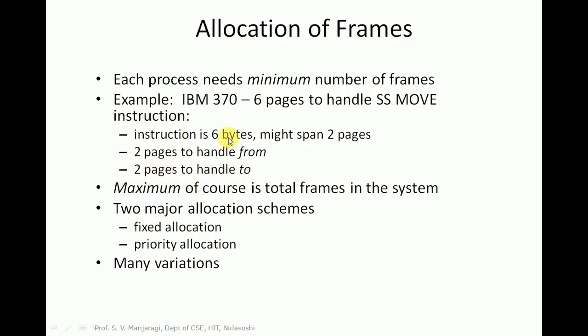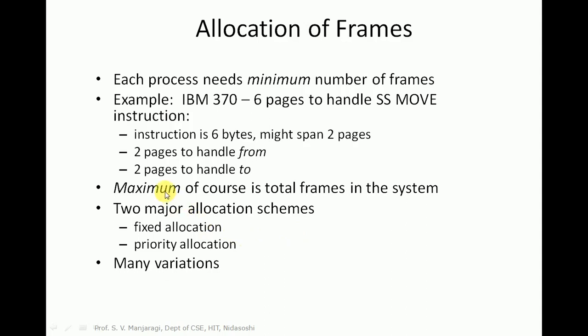So a total of 6 pages are needed to execute this particular instruction. That is how for each and every process there is a minimum number of frames needed to execute. So we need to allocate a minimum of 6 pages for this particular instruction.